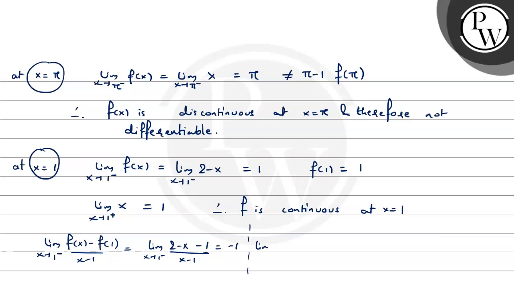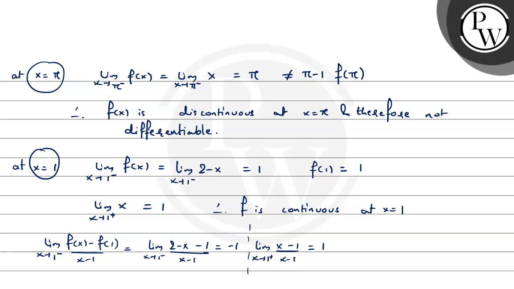Now let's check the right hand limit: limit x tends to 1 plus of (f(x) minus f(1)) divided by (x minus 1). To the right of 1, the function defined is x, so we have (x minus 1) divided by (x minus 1), equal to 1.